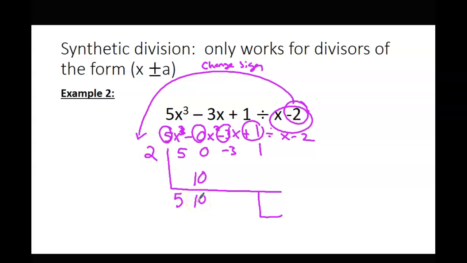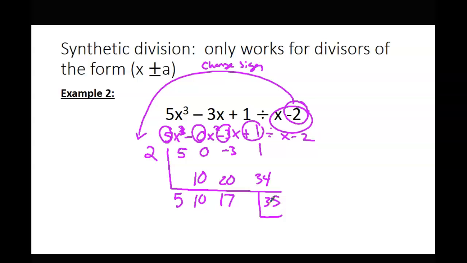Multiply. No, 2 times 10 is 20. Then repeat. Add down, multiply, -34. And then repeat, we're going to add down. What's that going to be? 35. Now we stop once we get there.